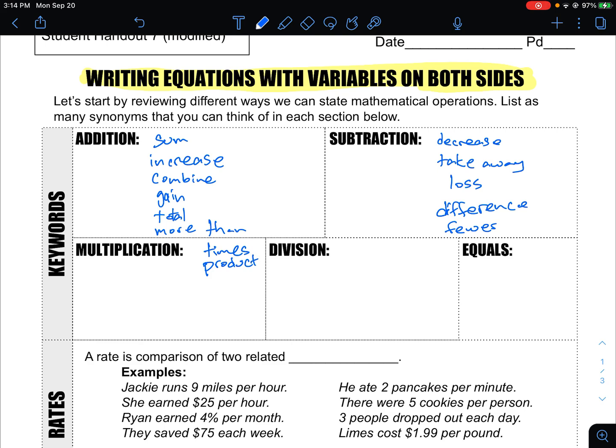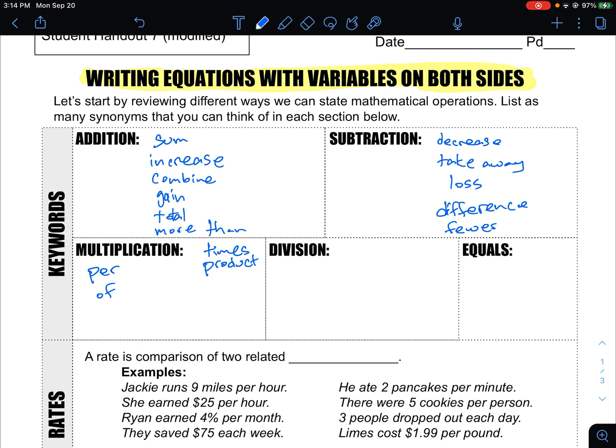Multiplication, the word times or product are big ones. Actually even bigger than those would be words like each. Actually, not just each, but per, and the word of. And you may be thinking, how do we use the word per and of?